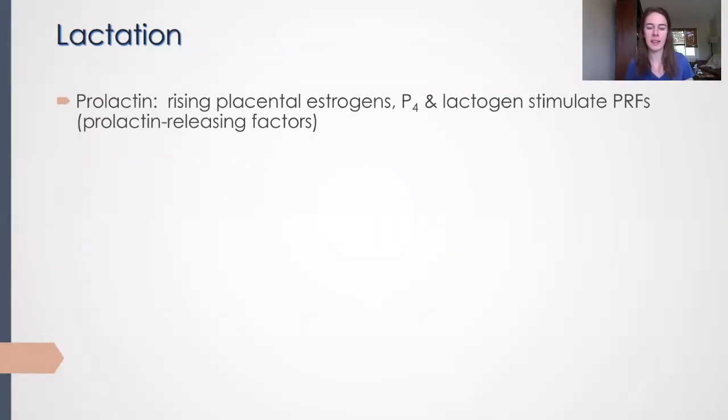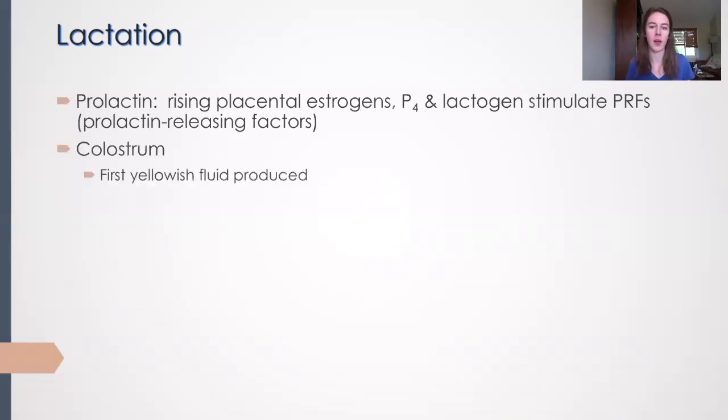So prolactin is this hormone that is going to be rising throughout pregnancy, and it is what will stimulate the development of the ability to produce milk. It is going to fall after pregnancy has ended, after birth has occurred, if the mom does not breastfeed. So suckling behaviors are what cause this to continue to remain high as long as the mother is breastfeeding.